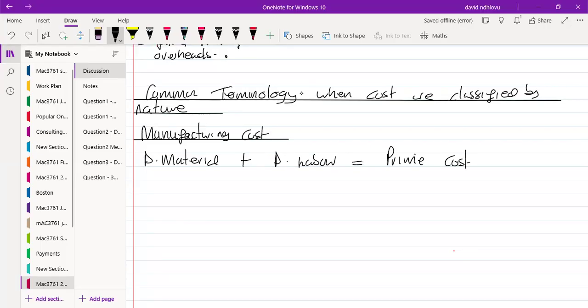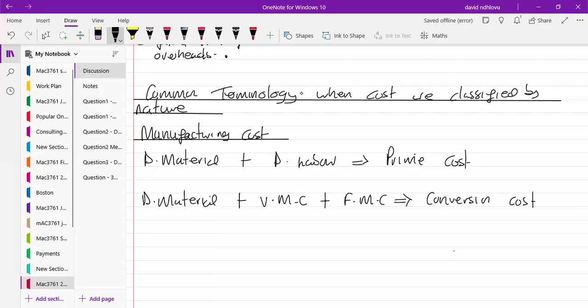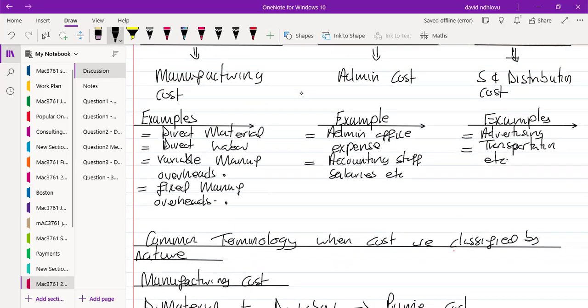If you then add the direct material plus variable manufacturing costs plus fixed manufacturing costs, you get what is called conversion costs. If you add everything, direct material, direct labor, and the overheads, then you get your total manufacturing cost, which is basically just a combination of all these things that you have here. You will then have your total manufacturing costs.